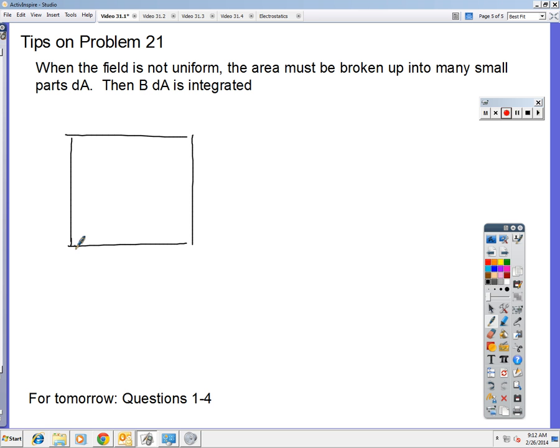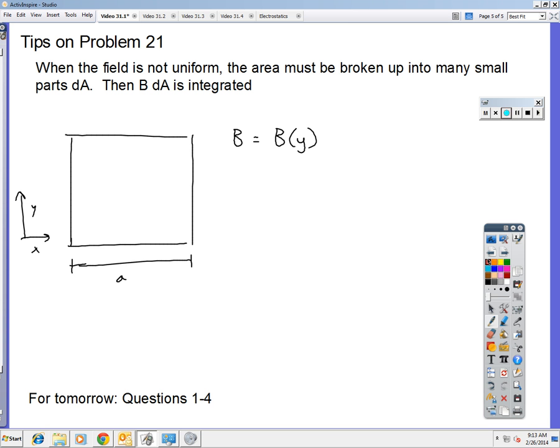I'll just call this dimension A, although I'm not sure if that's how the problem defines it. The field is given as a function of y. So y is the vertical direction, x is the horizontal direction. It doesn't vary with x, just with y and t.